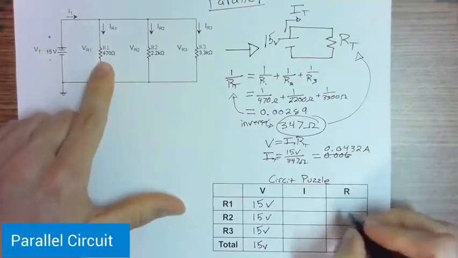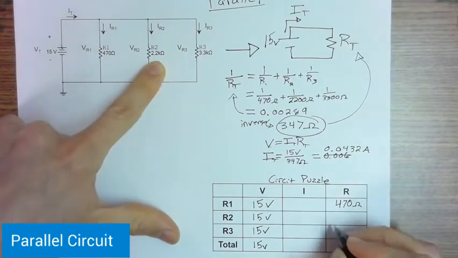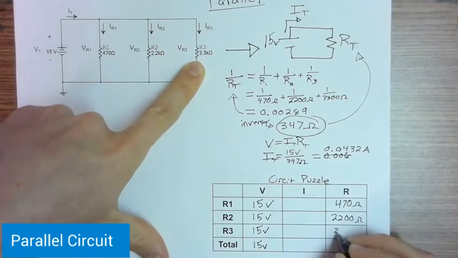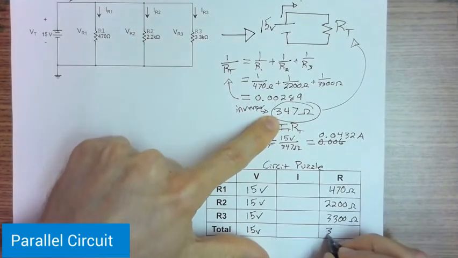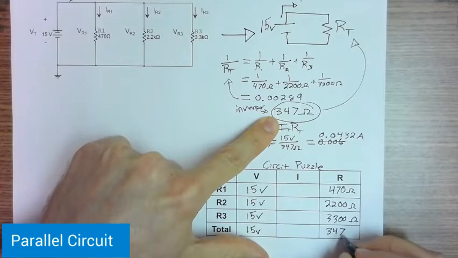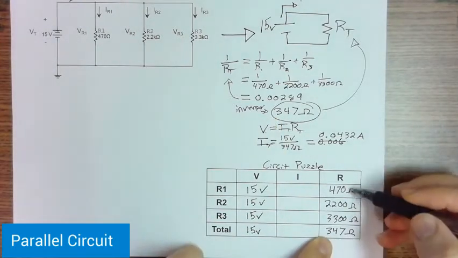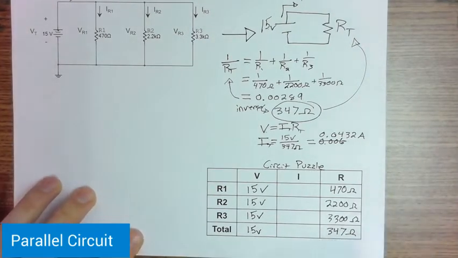We said the initial one was 470 ohms. Second one, 2200 ohms. Third one, 3300 ohms. And we just solved for that total. Notice that number, 347 ohms, is a lot lower than a few of these, but it's always going to be lower than all of them. Every single one.